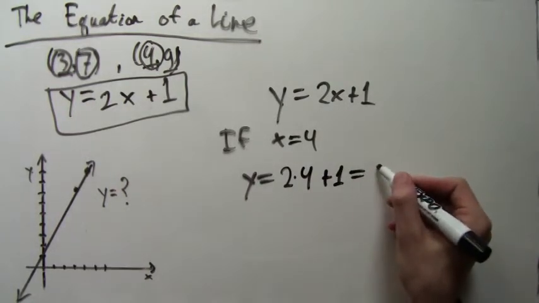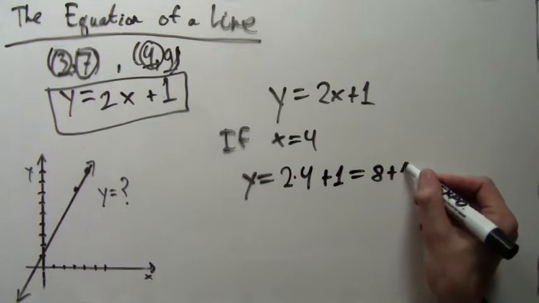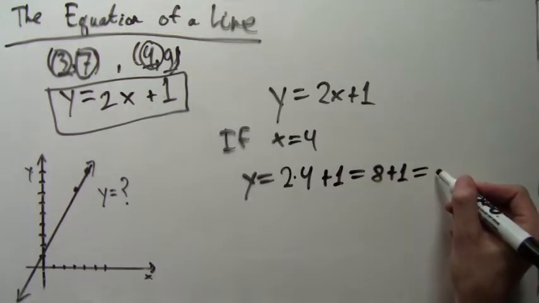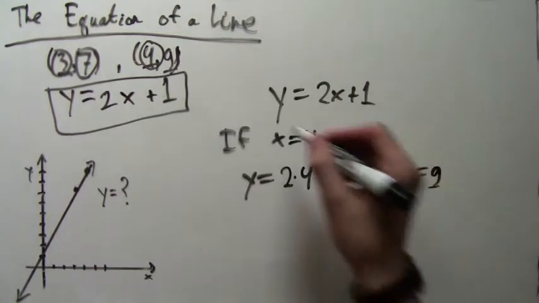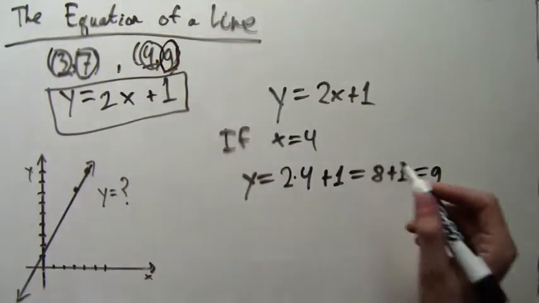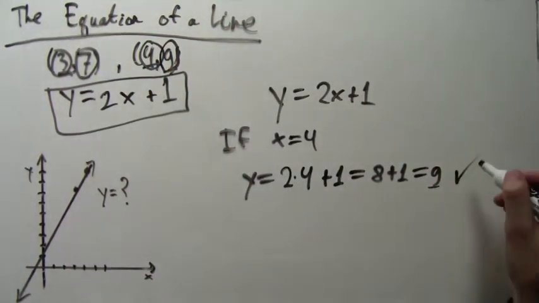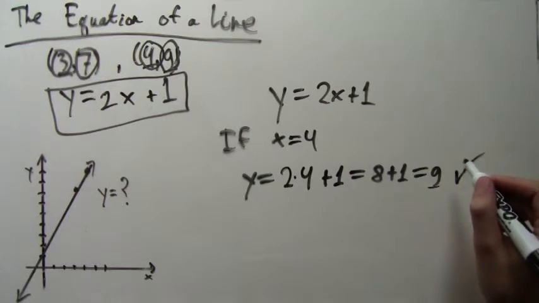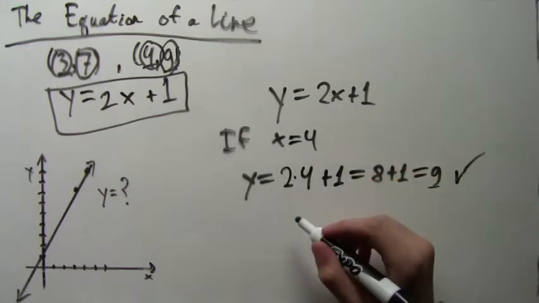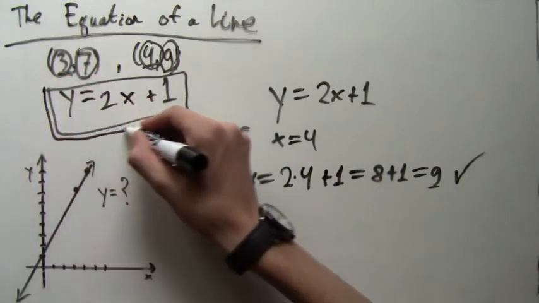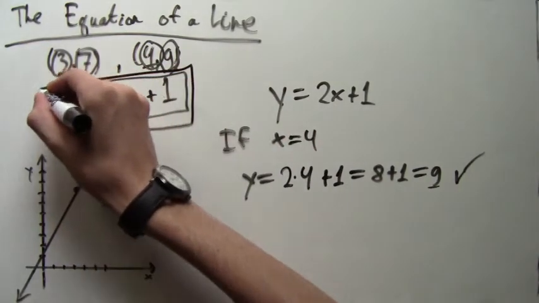This is 8 plus 1, which simplifies to 9. That is the correct y-coordinate for this point. So we know that this function passes through both points, which is exactly what we wanted. So the formula y equals 2x plus 1 is correct.